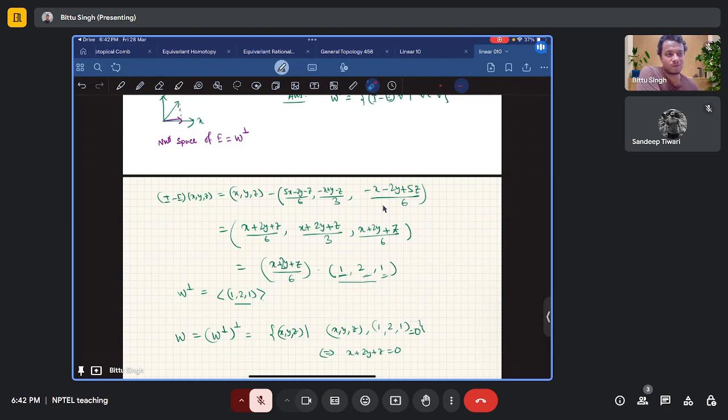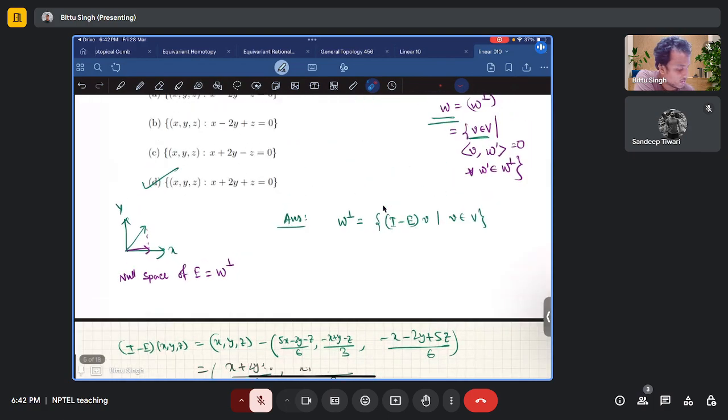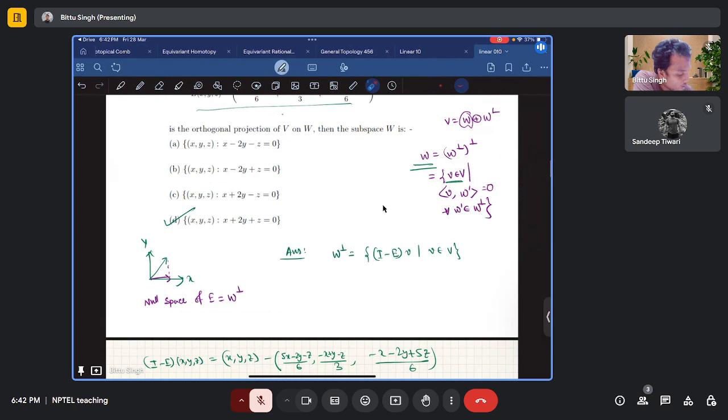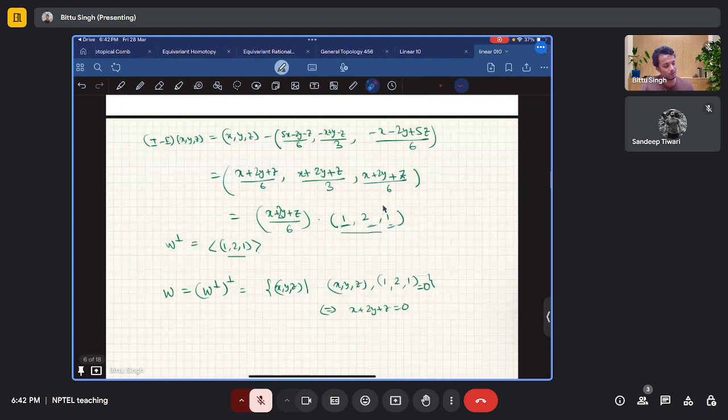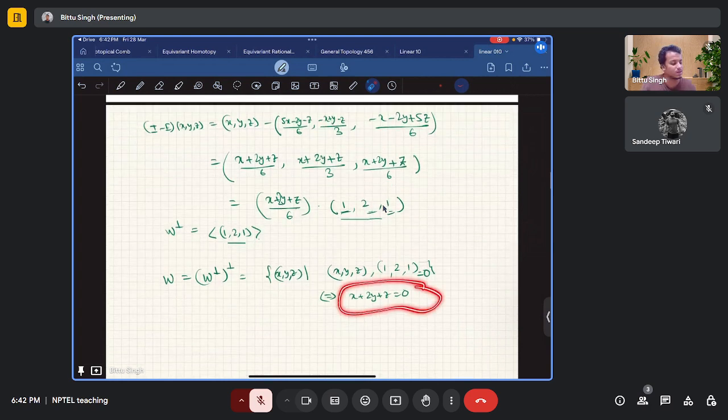So you can compute in that way also, because we have seen that W perp is the null space of E. By the same reason, W is the null space of I minus E. From here also you will get the same exact result.